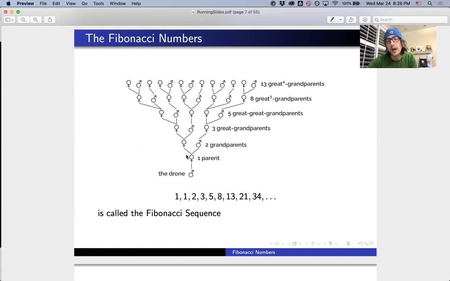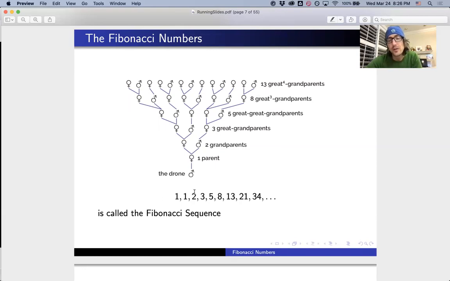If we count how many parents, grandparents, great-grandparents, and so on, we get this really cool sequence that starts with our lone drone at the bottom, and then we have one parent, two grandparents, three great-grandparents, 5, 8, 13.